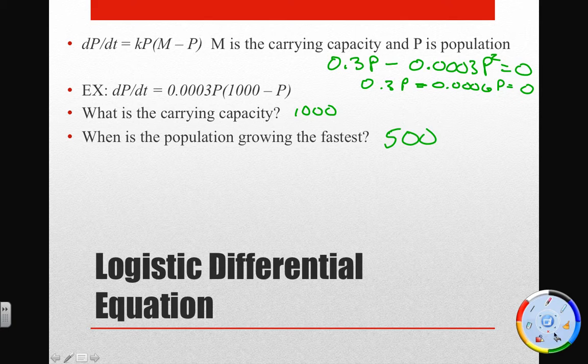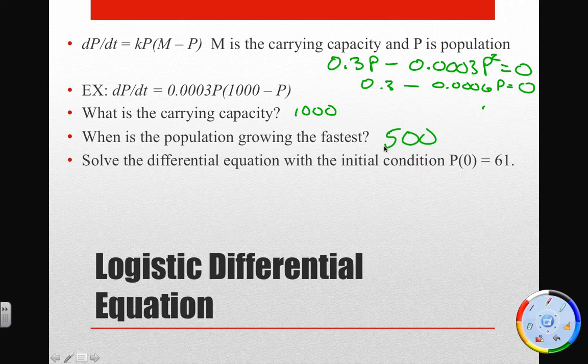Oops, that P doesn't exist because I apparently forgot how to take derivatives. You subtract 0.3 and divide by 0.0006, and you should actually get 500. It's kind of cool. It just ends up being half of the carrying capacity. That's when it is growing the fastest.